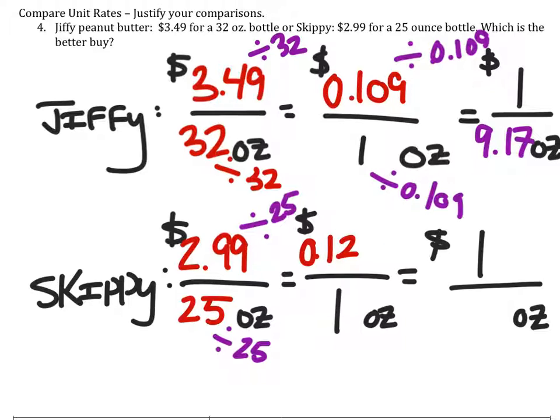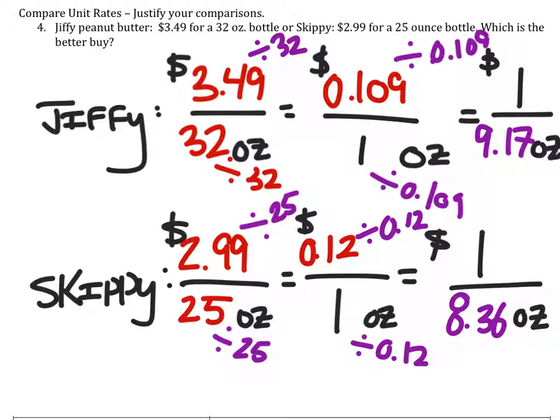And then if we compare the ounces, we would divide 1 by 0.112, which would give us 8.36.